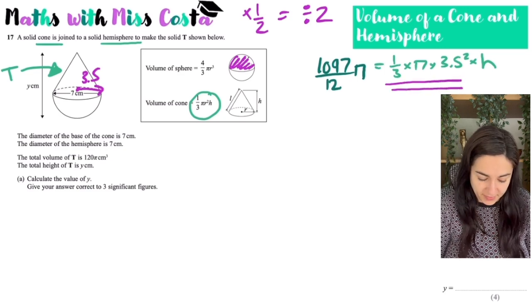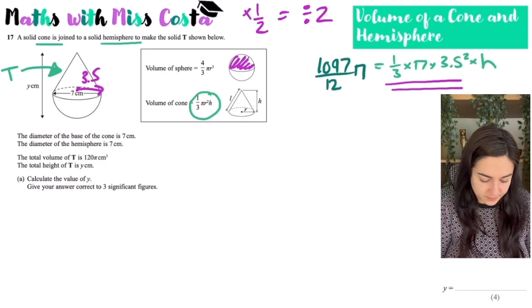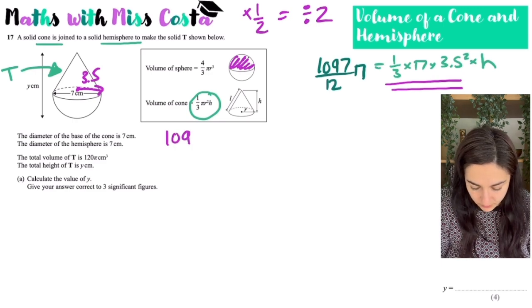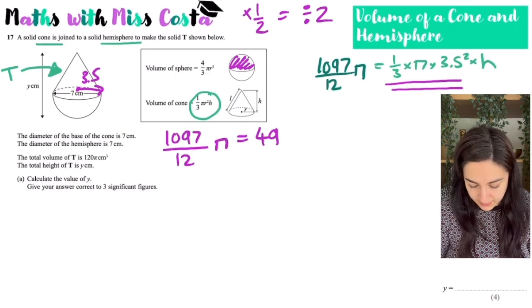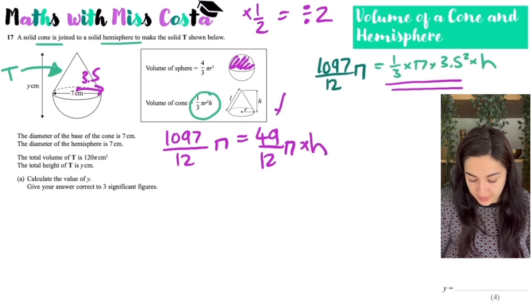So if I simplified it, so 1/3 times by pi times by 3.5 squared gives me, so I'll move over here, 1097 over 12 pi equals 49 over 12 pi times by h.